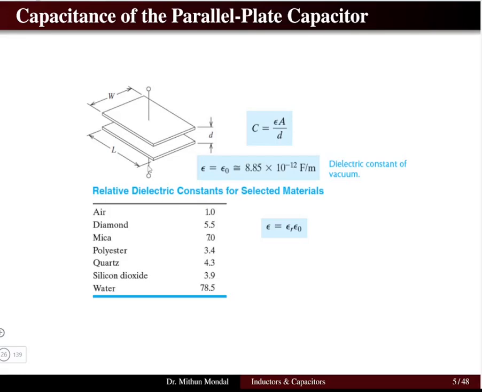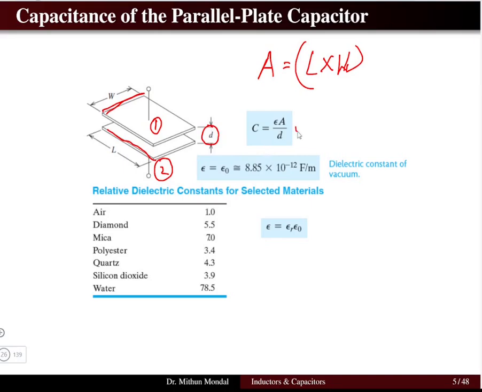As I said, there will be two conducting plates, 1 and 2, and the area of the plate A will be given by length times width. L is the length of the plate and W is the width of the plate. d is the separation between the two plates.